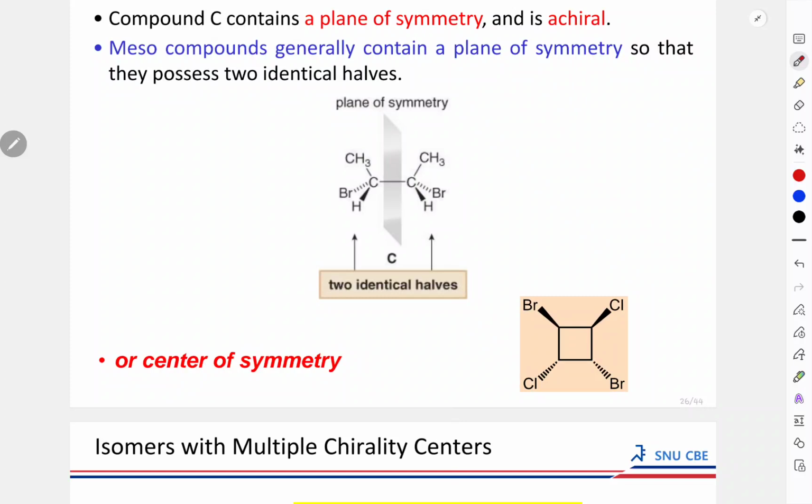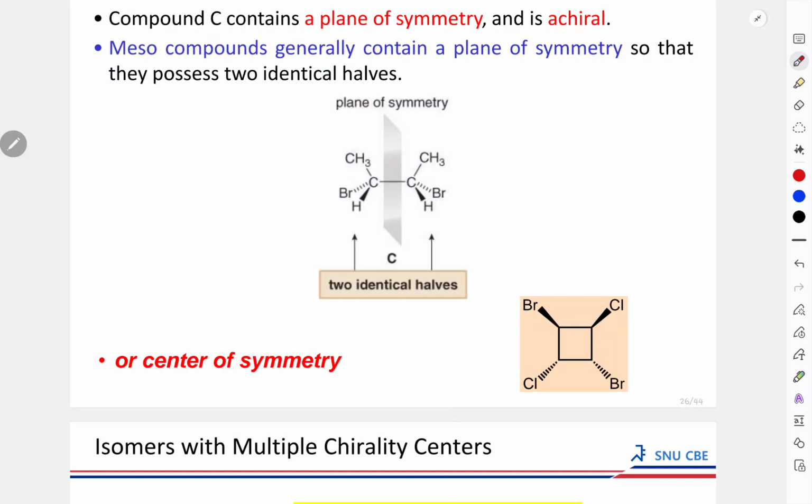So this molecule doesn't have any enantiomer. That's why this molecule is achiral. You can think about rotating it. 생각해 보세요. 돌리면 똑같아질 겁니다.